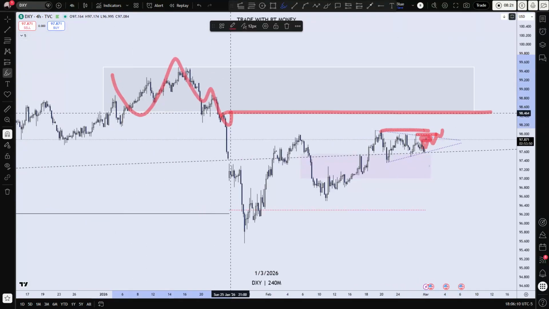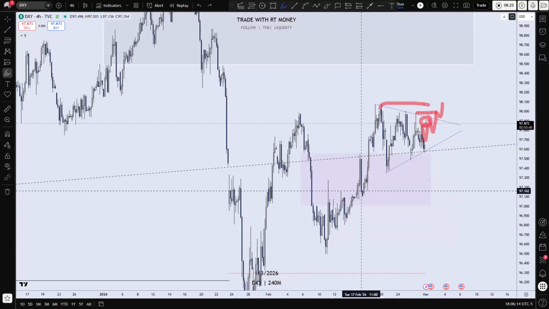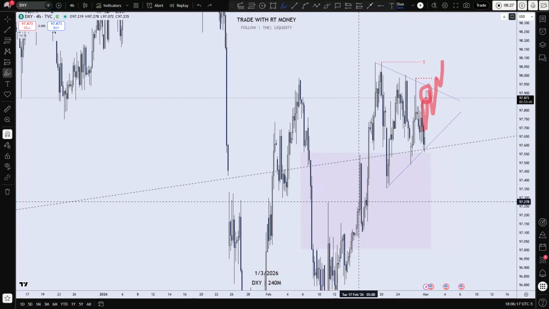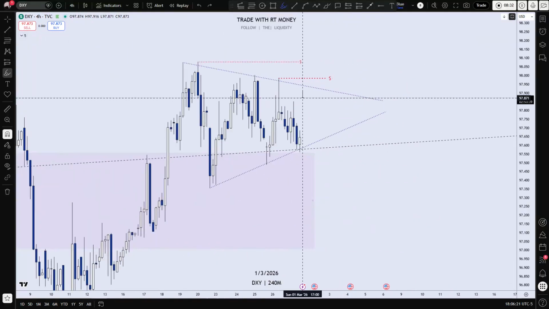This is an order block, and it looks like it will be the draw on liquidity.